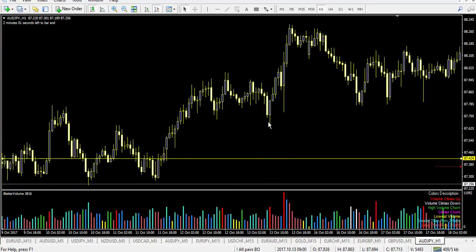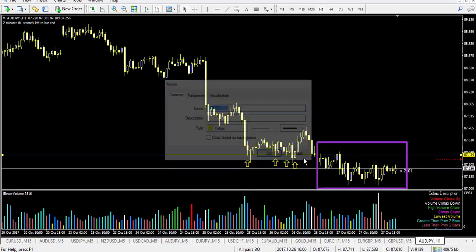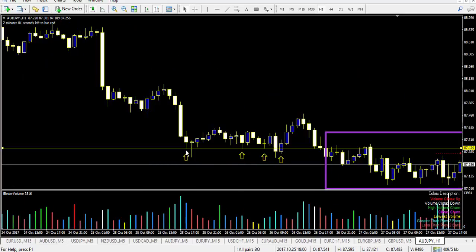Then we come back to our near time, and we find this line right here has a strong rejection once, twice on the 1-hour chart, 3 times and 4 times. So I adjust my level, taking as many touches as I can to make it as reliable as possible.